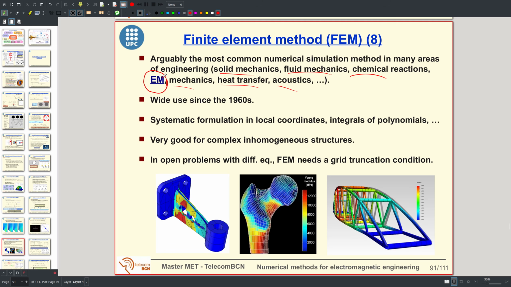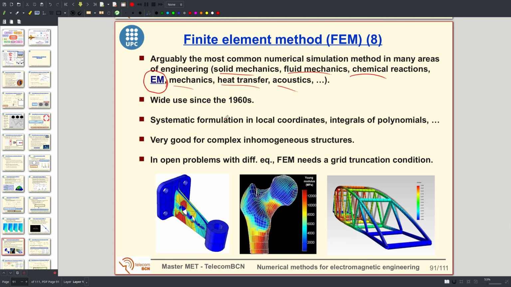But in the context of electromagnetic waves, probably the finite difference time domain method and the integral equations discretized by the method of moments are more used than the finite element method.